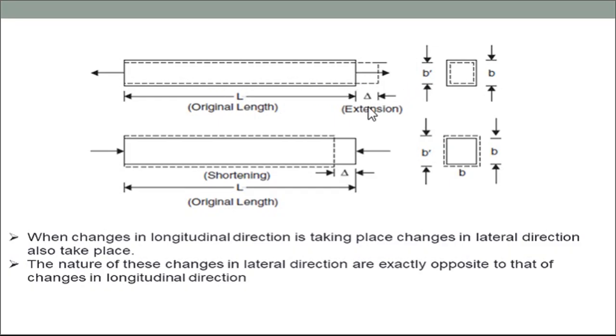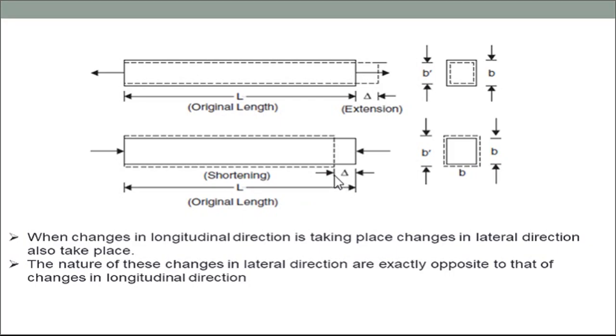So there is an extension, meaning an increase in the length in the longitudinal direction, and exactly opposite there is a shortening of the lateral dimension. You can see this shortening of the dimension B dash, and in the lower figure, if the pushing type of force is applied, there is a shortening of the length.